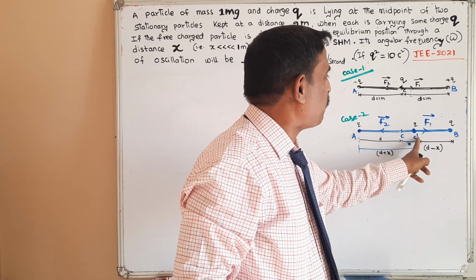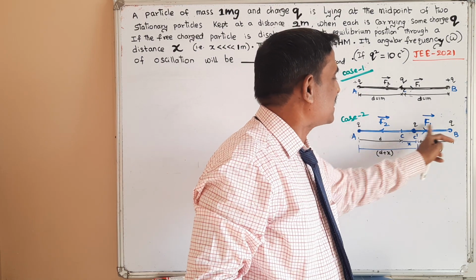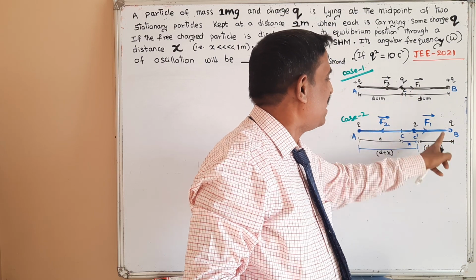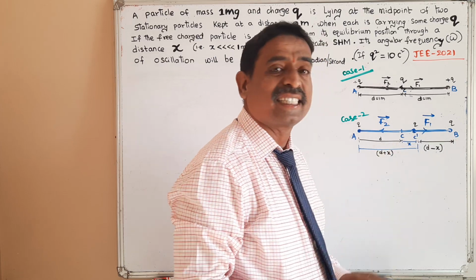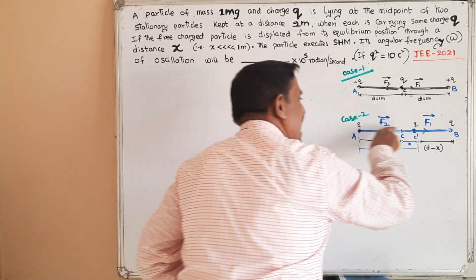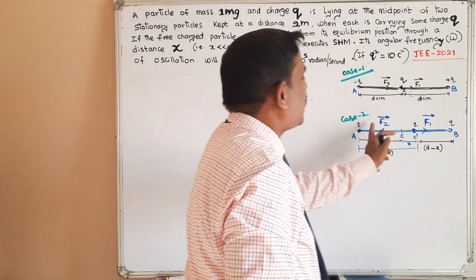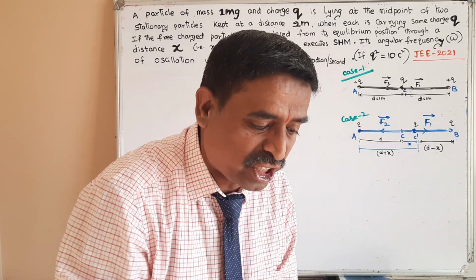Now this is d plus x, this distance is d minus x. Now, one force F1 is acting on the right side, another force F2 is acting on the left side. Both are in opposite direction.